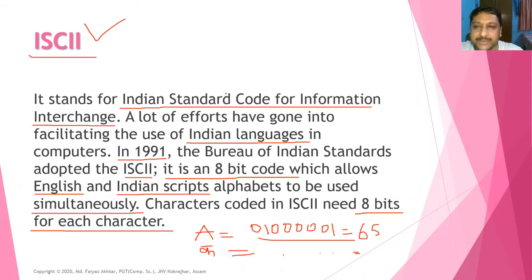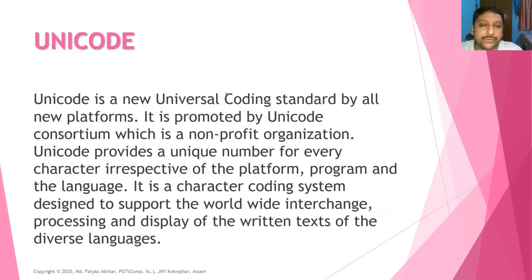For example, India developed its own code to understand its local characters, Hindi or English, and they developed ISCII. Similarly, some other countries also developed their own codes for their computers.